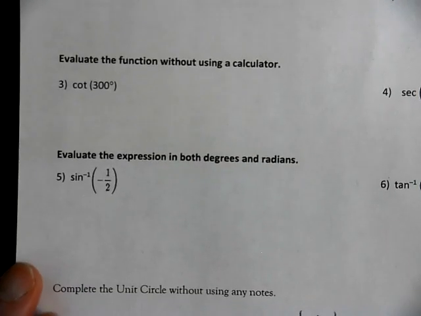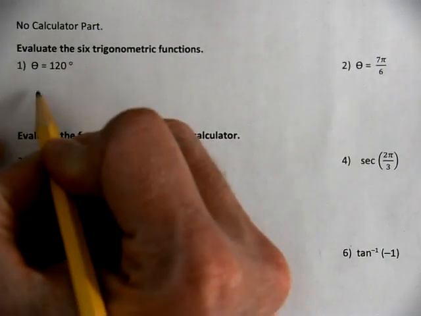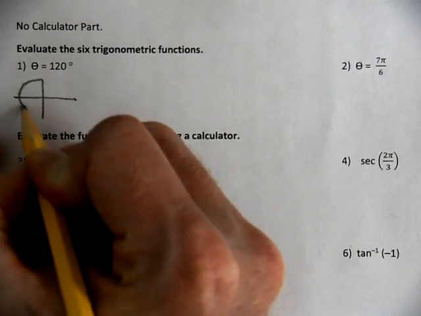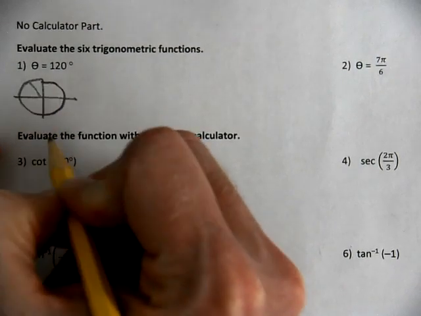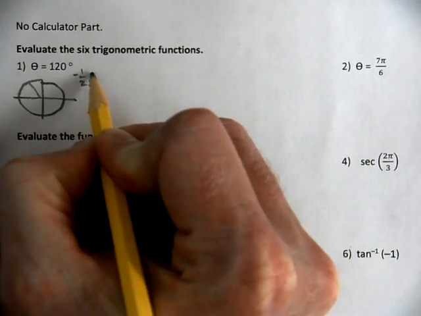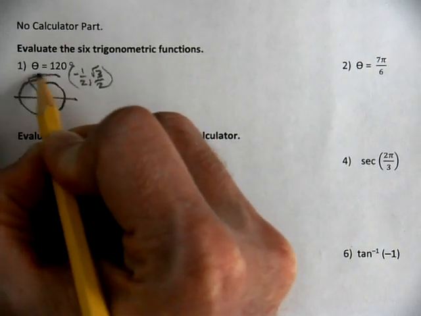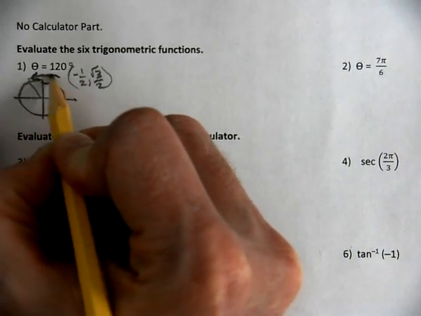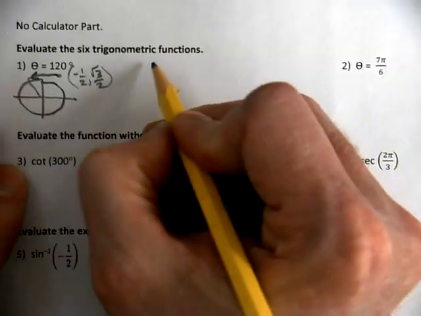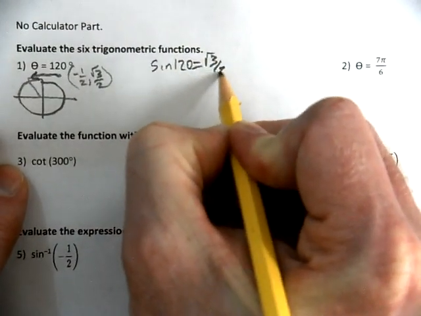Got the backside now. Okay, our 6 trig functions. At 120, that is going to be negative a half for x and positive root 3 over 2 for y. That is the coordinate for right here. So we know that our sine of 120 is going to be root 3 over 2.